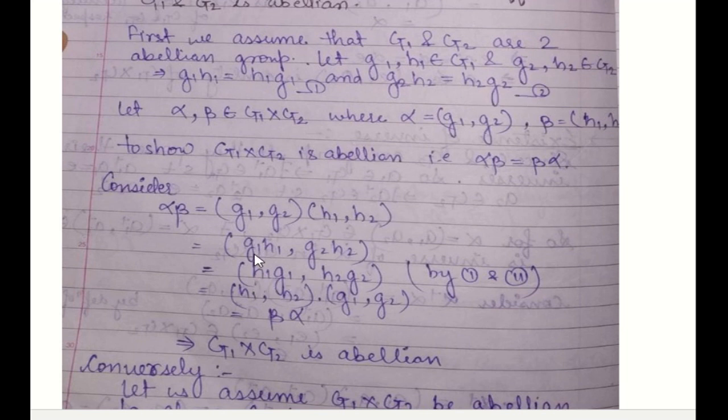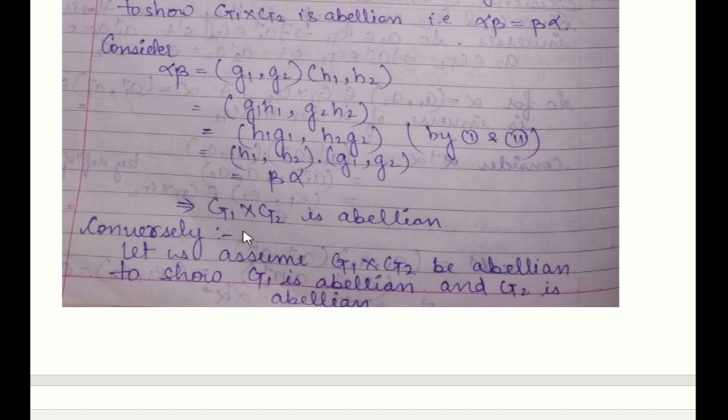So using those equations, you can write this and break this product. You will get (h1, h2) into (g1, g2). So this is beta alpha. So this implies G1 cross G2 is abelian if G1 and G2 are abelian.